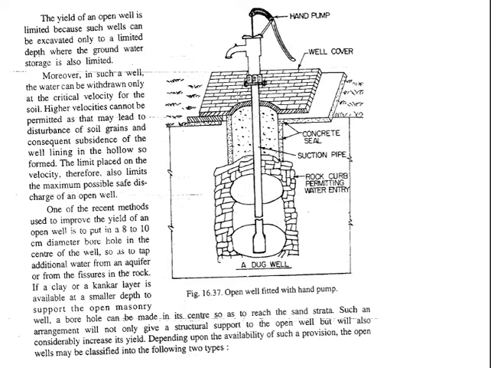Instead of a pulley type of system, we have placed a hand pump, and we have covered the well with masonry work. We have this underground shallow depth, and from there we take out water through this hand pump. So this is again one method by which we can take out water from such types of wells.